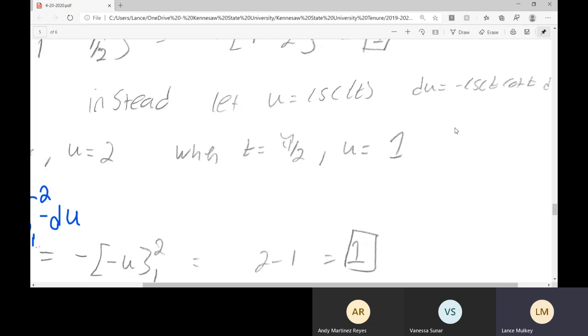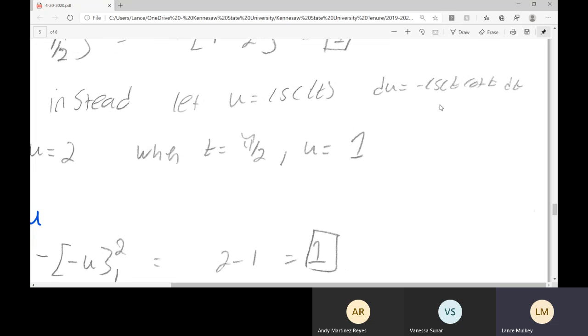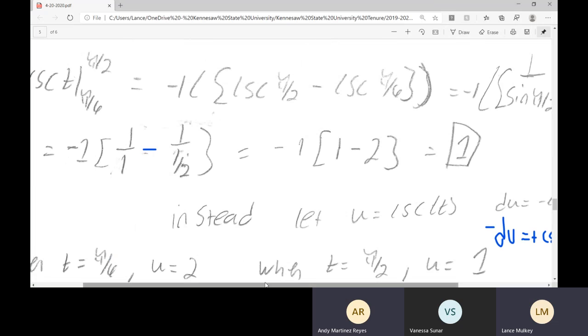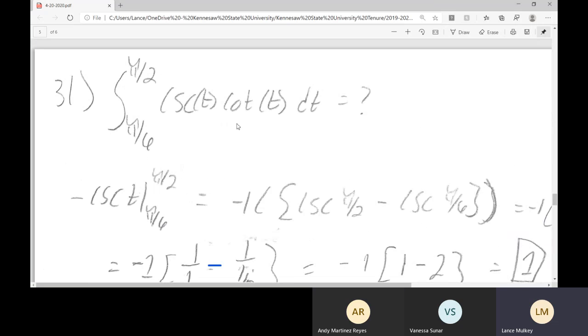But you let u equal something, and you let du equal something. And really, this should be negative du equals positive. All right, and then bring down the rest of this. And so you plug in negative du in place of this right here.